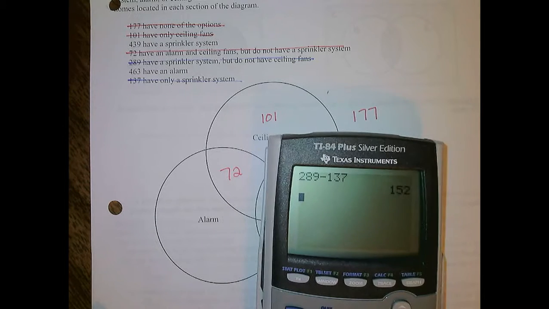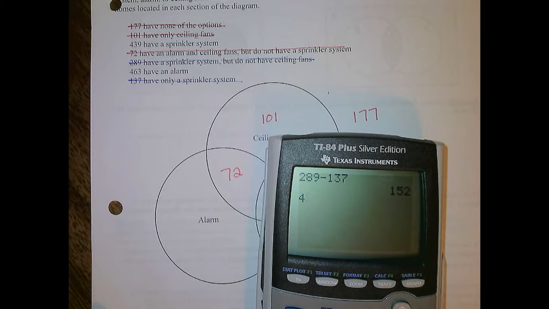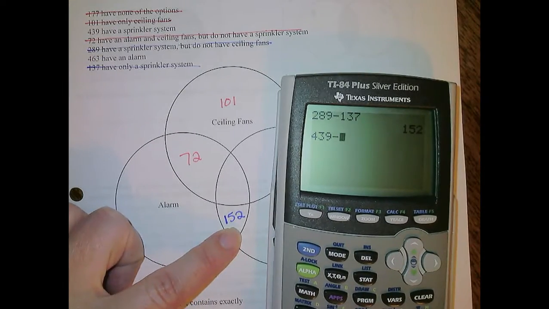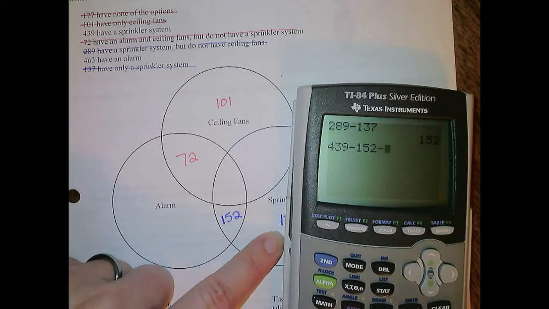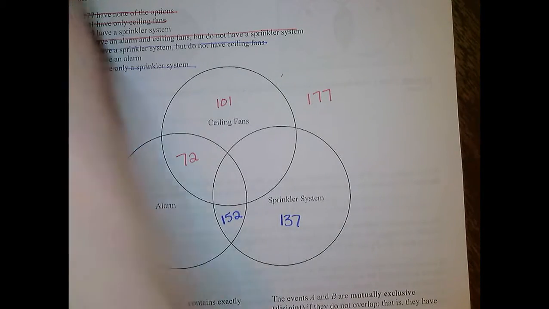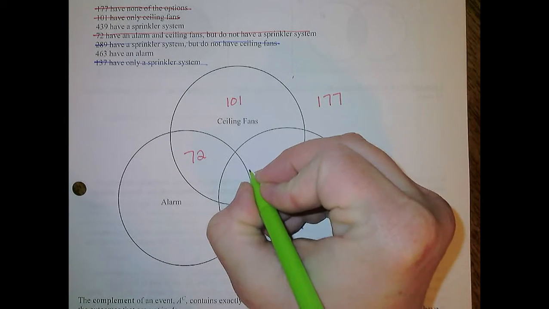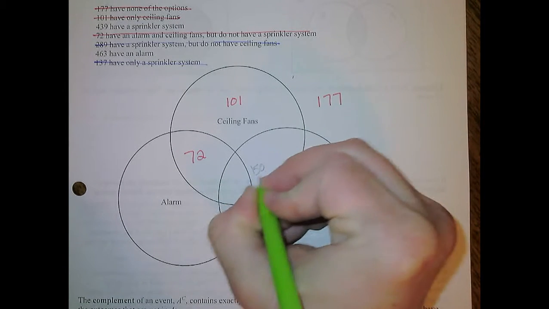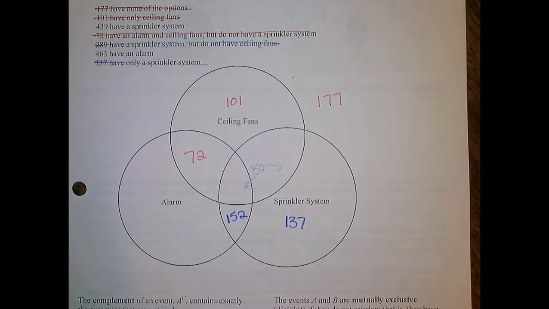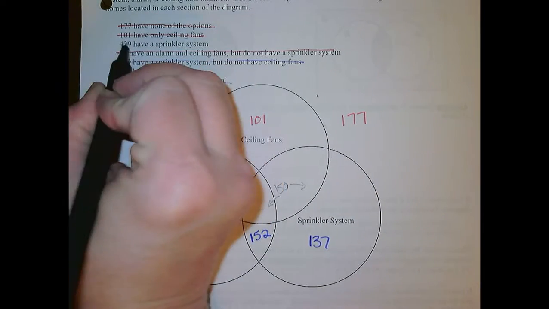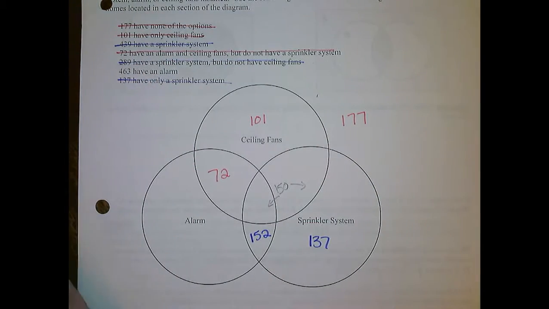I know that there are 439 homes that have a sprinkler system. I've already counted 152 and 137. That leaves me with 150 homes in this remaining area. So I don't know exactly how many are in each one of these pieces, but I know that there's 150 homes that would fall between those two regions. So I'm going to go ahead and cross this off because we've accounted for the 439 homes that have a sprinkler system.